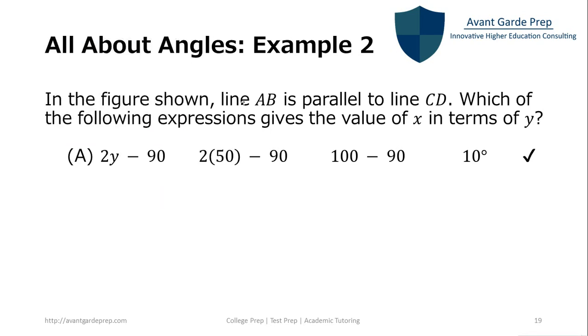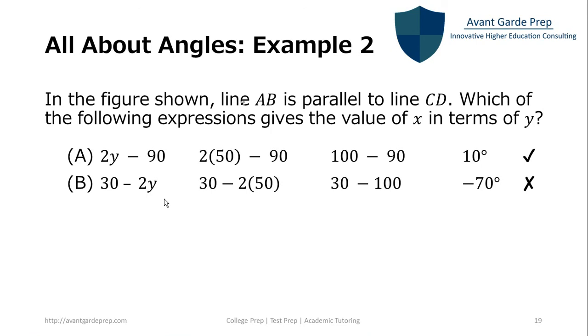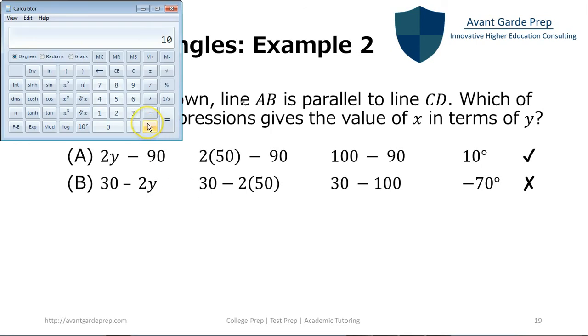So let's move on to answer choice B. Here we'll plug in 50 into 30 minus 2y. So we'll do 50 times 2, that's going to give us 100. So now we subtract 100 from 30. 30 minus 100, and that's going to give us negative 70. That's not 10, so we know that's not correct.